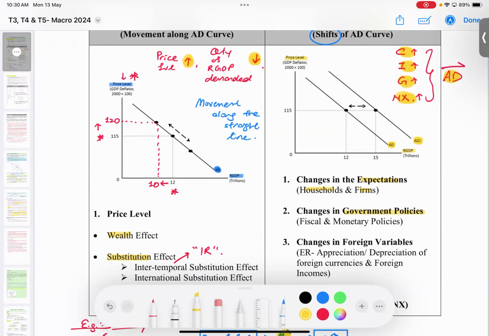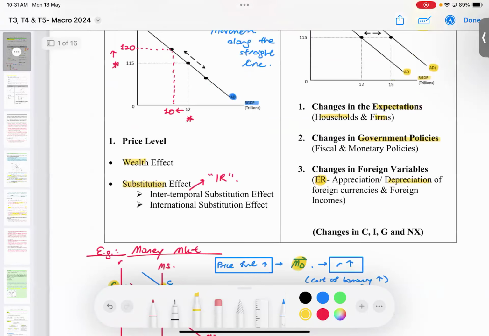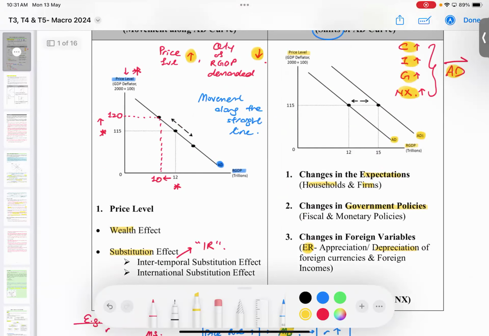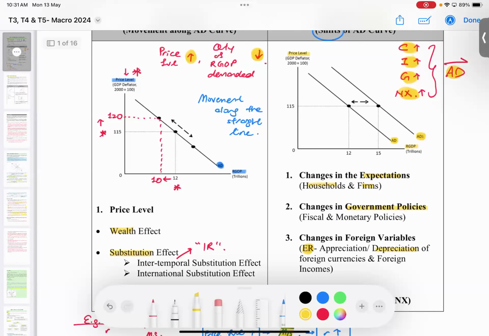Next, changes in foreign variables, like for example the exchange rate, which we'll learn later on as well. For example, when the country's currency depreciates, that means it becomes weaker, so it's cheaper for foreigners to buy our local currency. When our local currency depreciates, our products become cheaper as well. Therefore, net exports will increase.